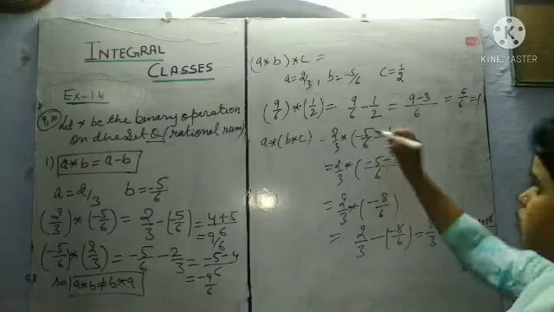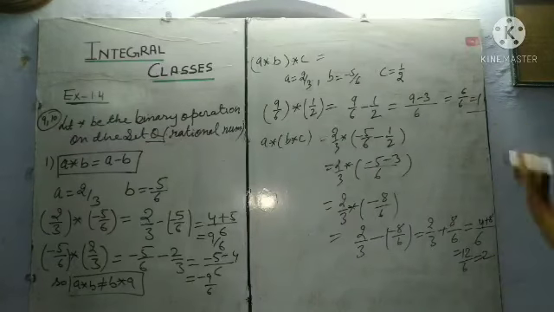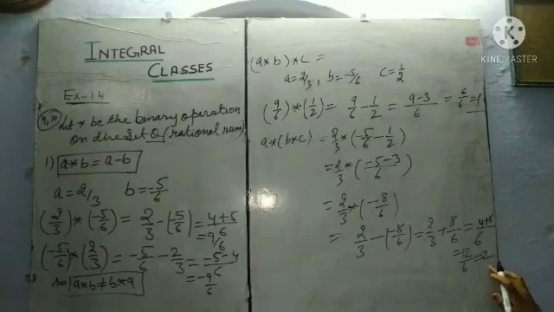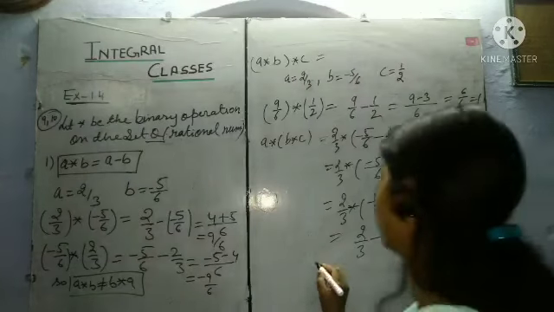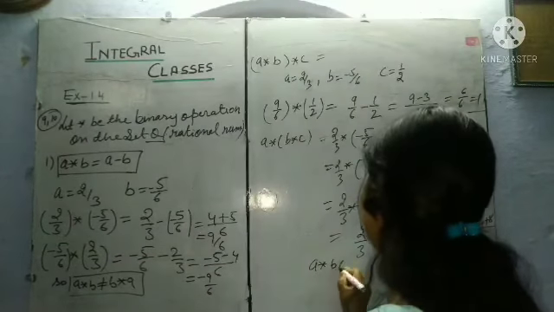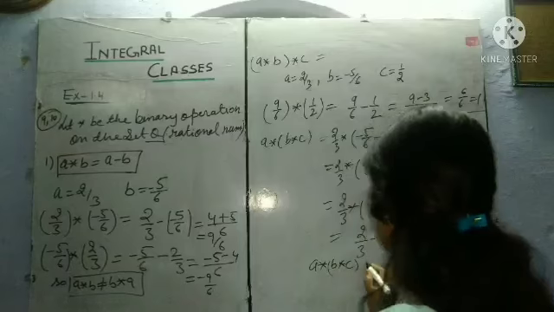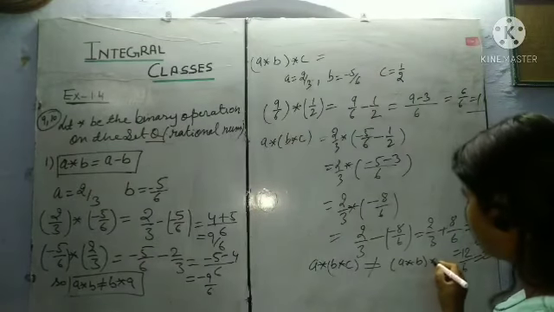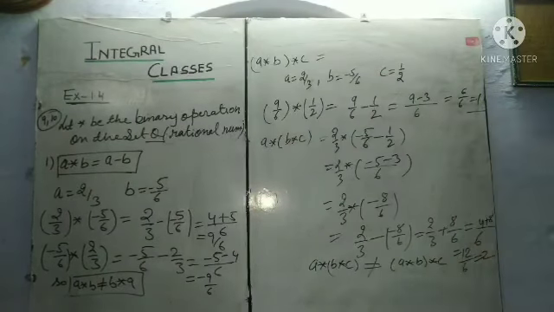Now as we observe, the results are not equal. In one case we get 1, but in the other case we get 2. So A star B star C is not equal to A star B star C, bracketed differently. It means it is not associative.